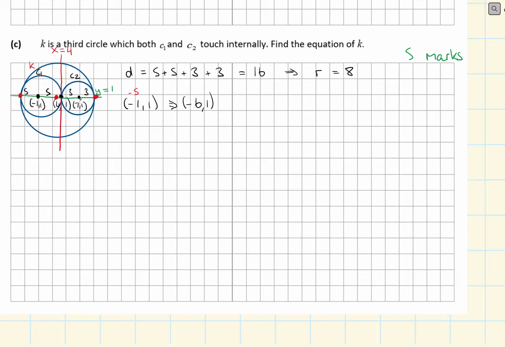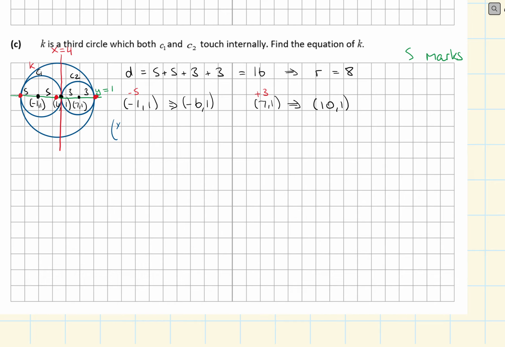And if we look here, we have our center (7, 1). And I move along to my endpoint, I'll be adding 3. And that gives me the endpoint (10, 1).